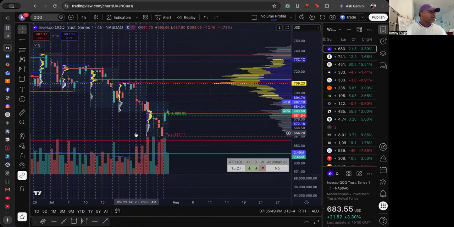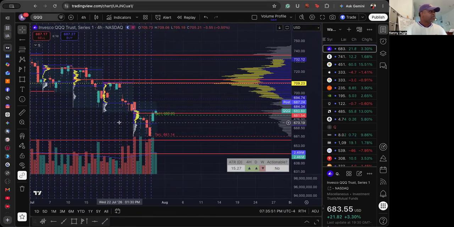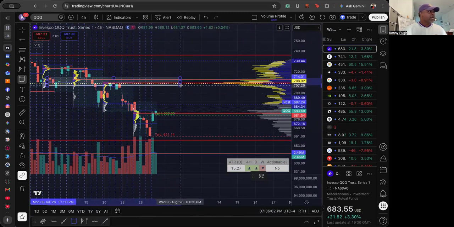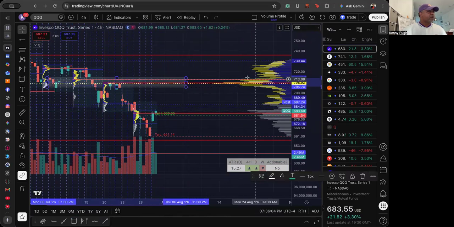And so right here, let's go all the way back to the start of July. This is my visible range volume profile that I use to mark out my high volume areas. I will use this to mark out those zones based off of where we see a lot of volume being traded.